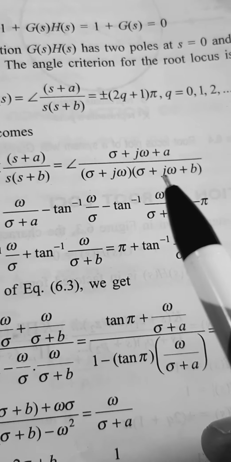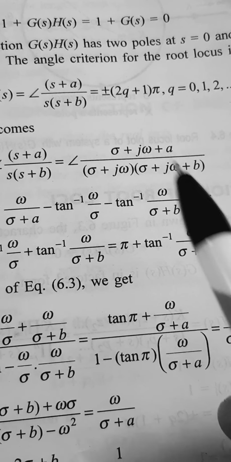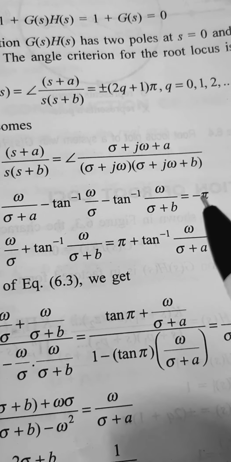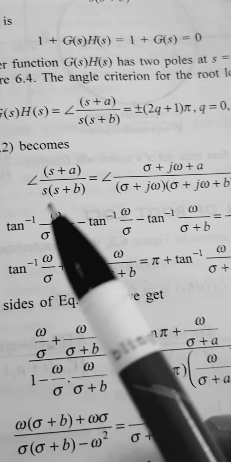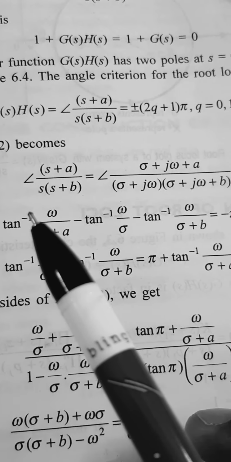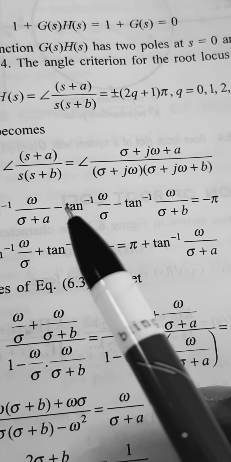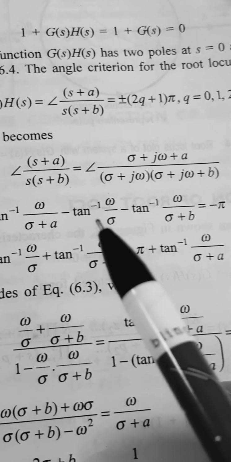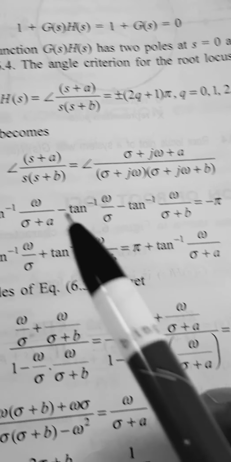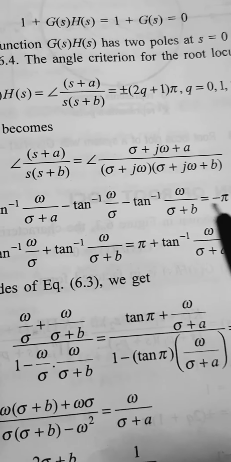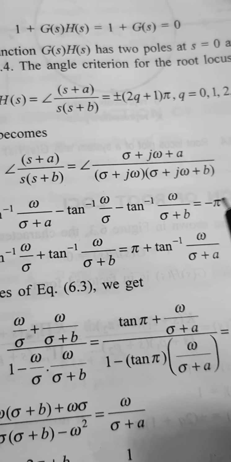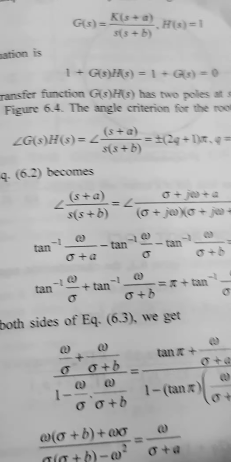Since we have two poles, here we take it as minus π. The maximum value of this will be π, and this will again be minus π; π and minus π cancel, so minus π remains. That is why you can consider this as minus π.